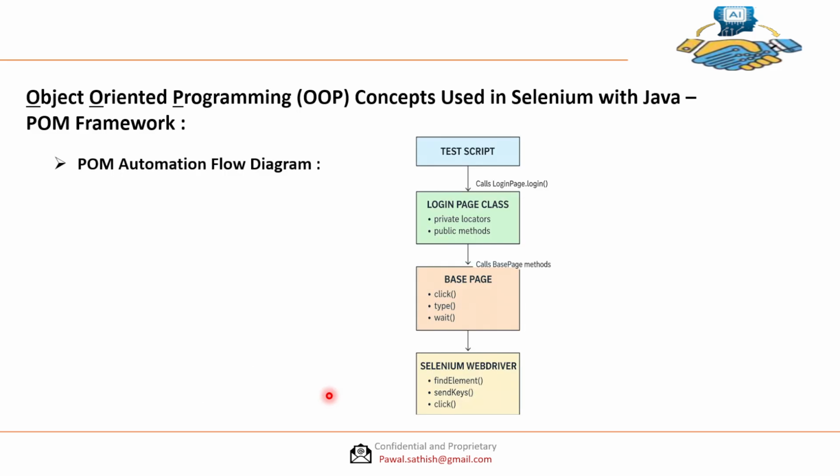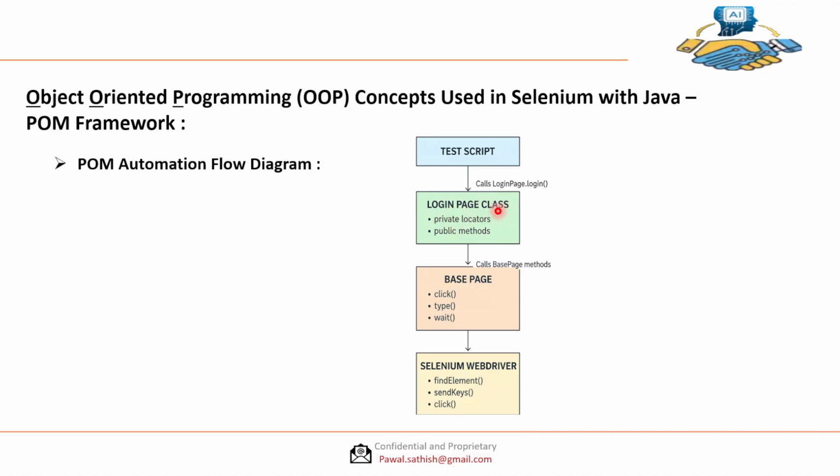Then next, these are all the OOPS concepts we have used in the POM framework, and this is the flow diagram of how it looks overall, whatever example I have given. Here we can see the test script internally calling the login page.